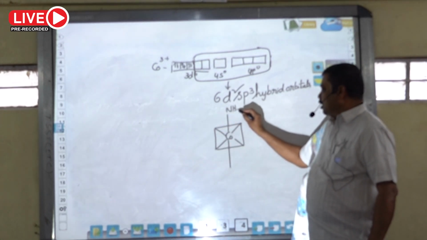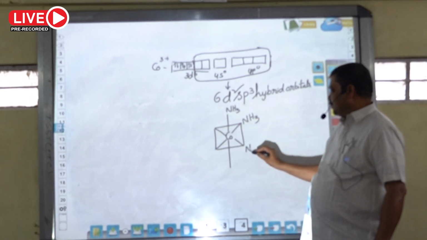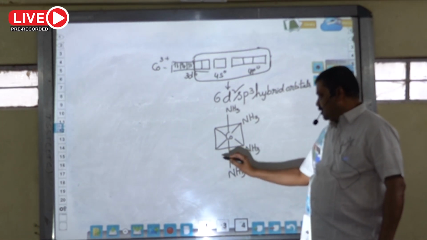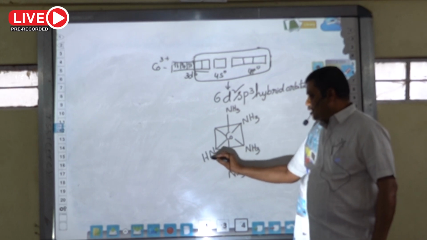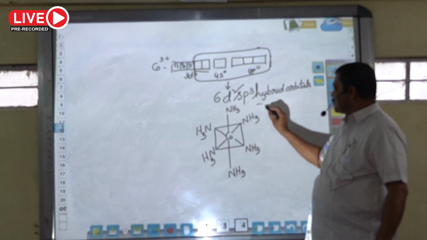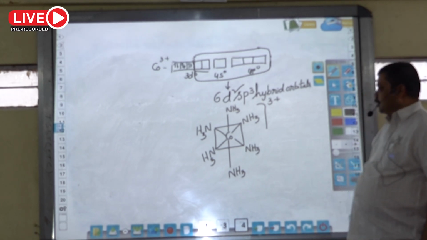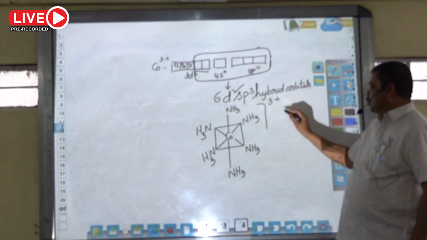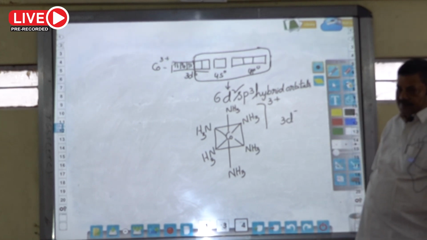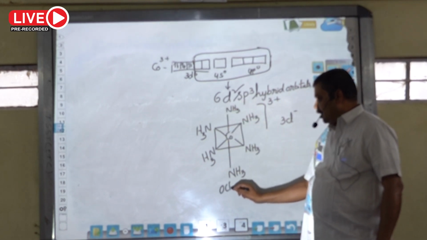So 6 ammonia molecules donate 6 lone pairs into the vacant hybrid orbitals of cobalt 3+. To balance the 3 units of positive charge, 3 Cl- ions will be there. So as a whole, the complex ion shape is octahedral.